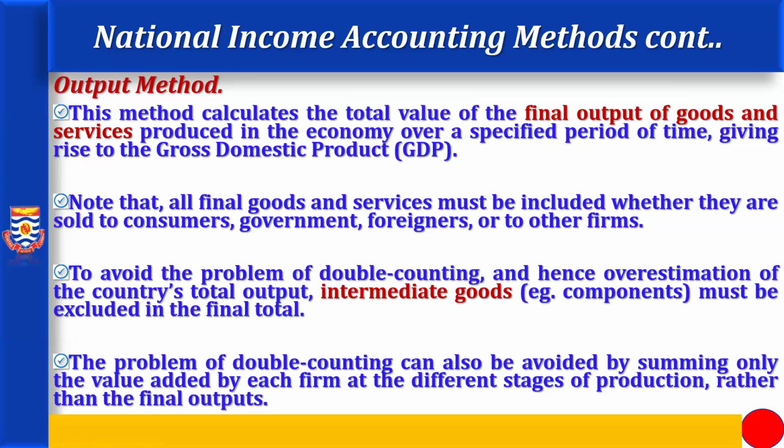That's the meaning of domestic, right? So for instance, if those goods and services are produced even by foreigners that are in Ghana, we count it as part of GDP.